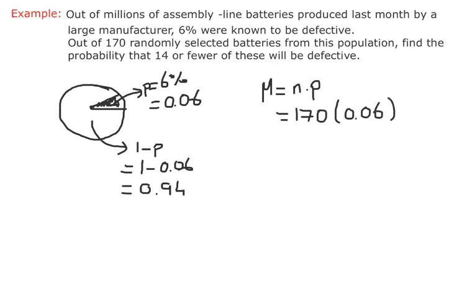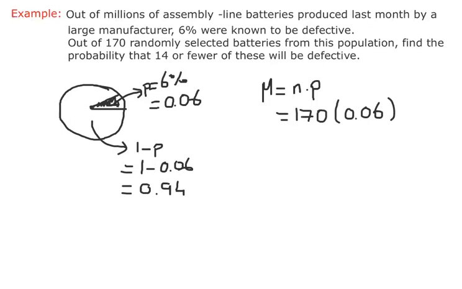By the way, this is a binomial sampling. Why is that? Because we have 170 fixed selections, each independent and each having the same 6% probability that a defective battery will be chosen.